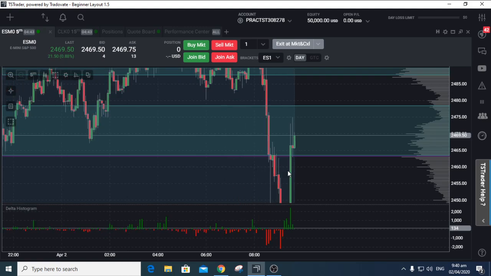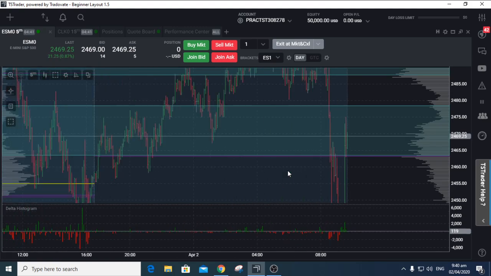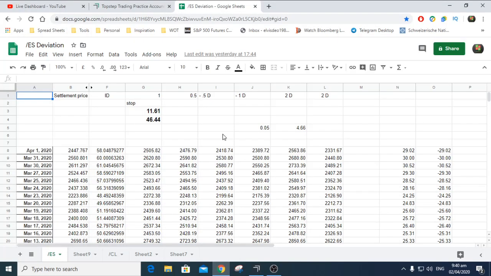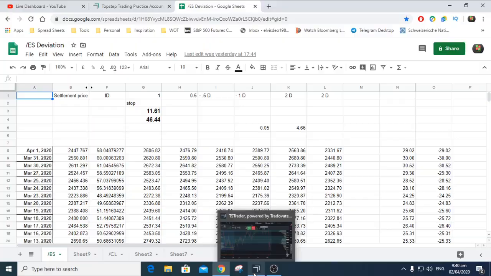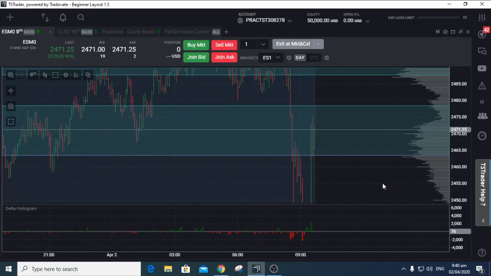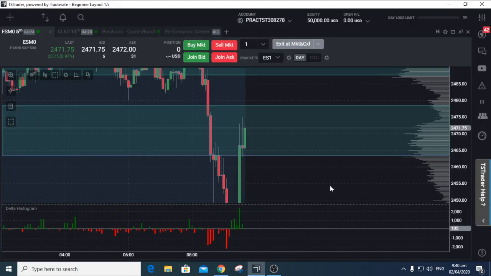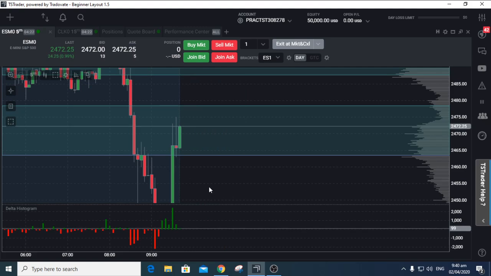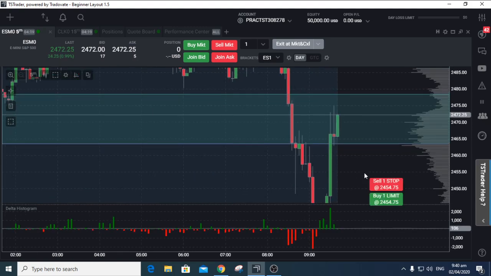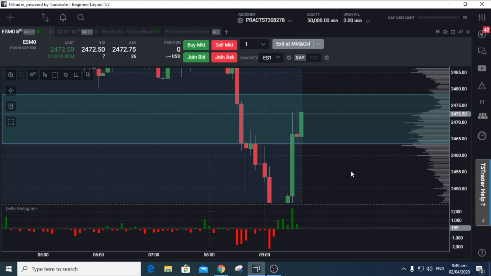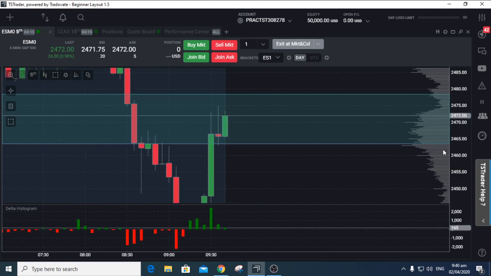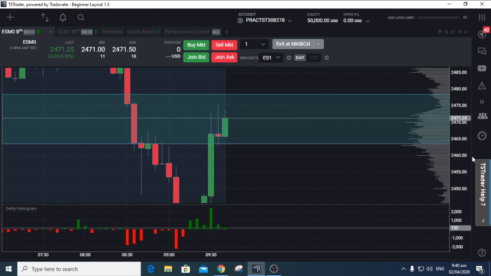You can see the zone is about a 10 to 12 point zone. Look for your node. Sit. Wait for it. Watch your delta. I haven't seen any negatives with delta yet.